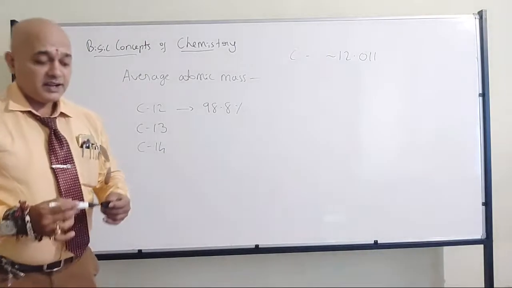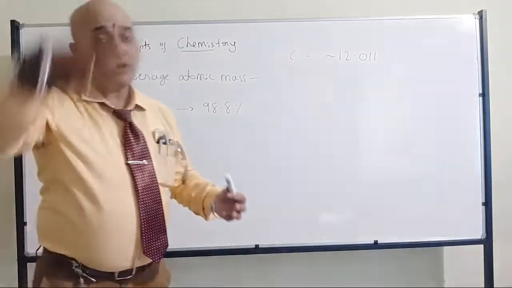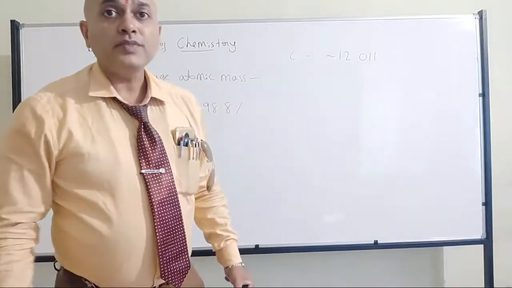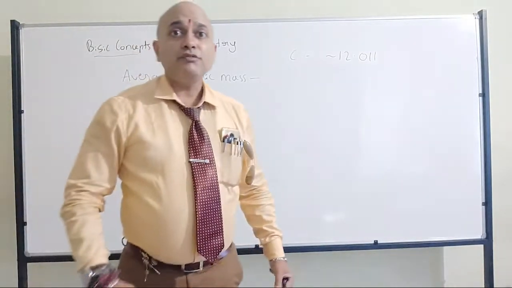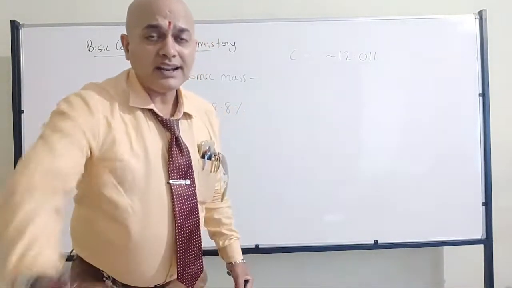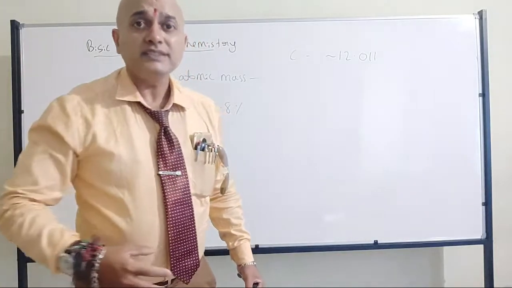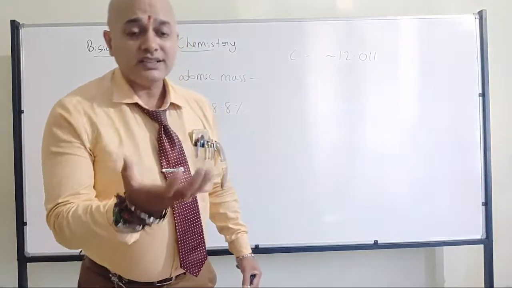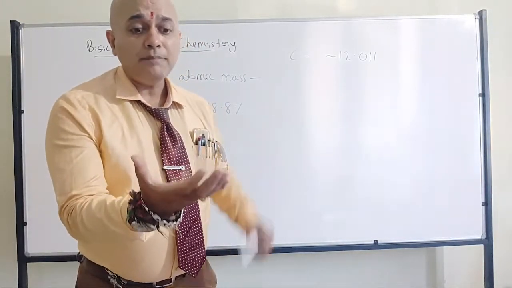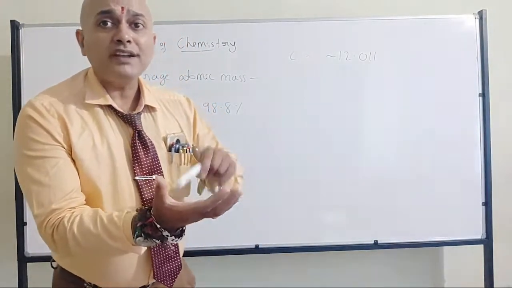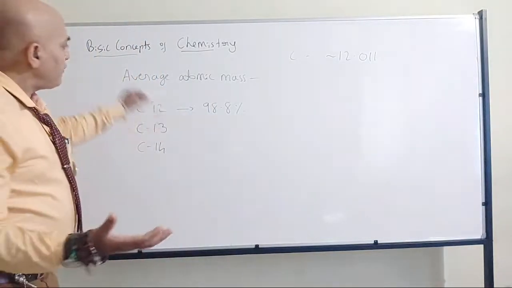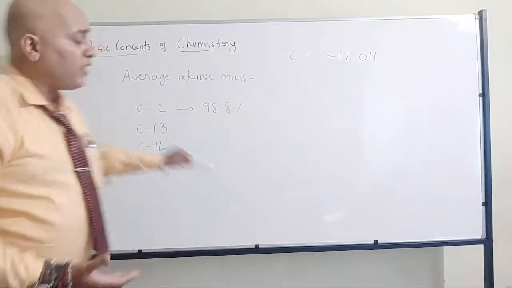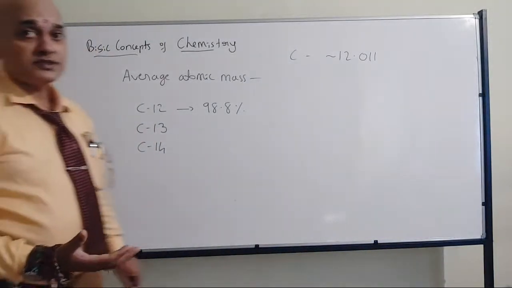If I take carbon from nature, imagine you are going to a shop to purchase rice and they take the rice and start weighing. Same way, if I hold carbon from nature in my hand, that carbon will have a mixture of all these 3 isotopes.